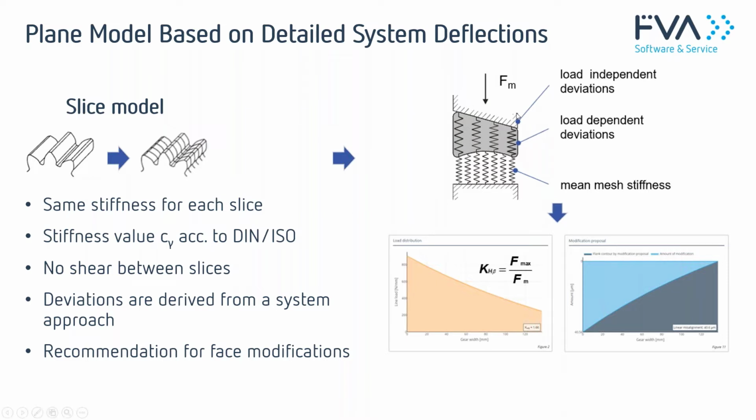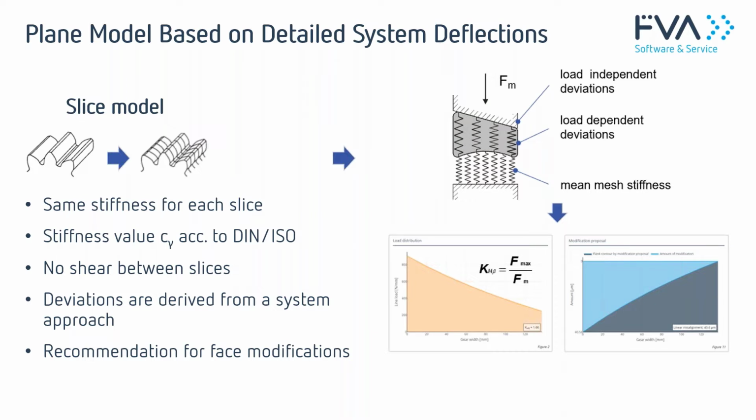Then we apply those very detailed calculated deviation values to the simplified stiffness model. What we get out of these calculations is still a face load factor KH beta, which is very close to the method of the standard. So we can use this KH beta value directly for the load capacity calculation in the standards.